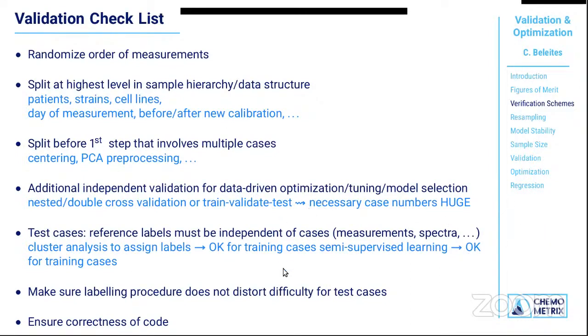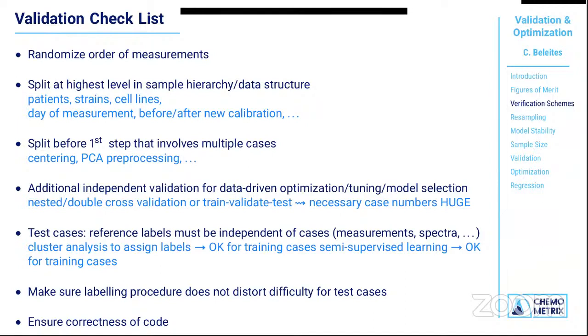And of course, you need to make sure that your labeling procedure does also not distort in other ways the difficulty of your test cases. For example, I once came across a data set, again, medical, where because doctors would not always agree on what exactly was the disease status, all cases where the doctors didn't agree were excluded.